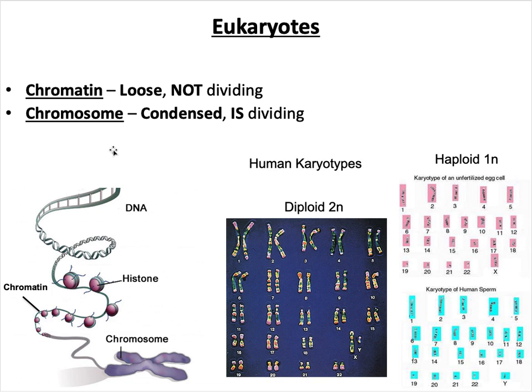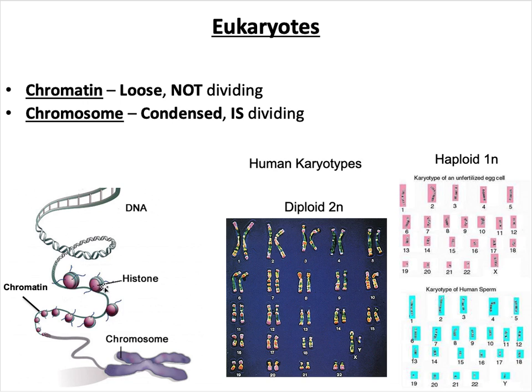So chromatin, okay, this is what chromatin would look like. It's just this loose strand or loose molecule of DNA. Chromatin is the state of DNA for the majority of the cell when the cell is not dividing, when it's carrying out its normal functions. And on the chromatin, you have these histone proteins attached to it.